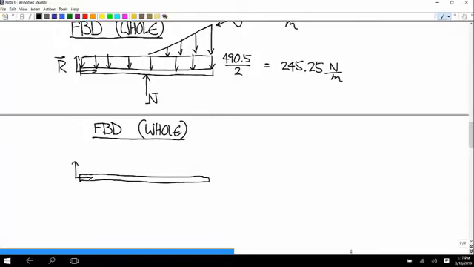We have the weight force, the reaction force, the normal force. The weight force acts at the middle, and the total force is the distributed load times the length of the piece that we have. So we end up with this back again, 490.5.